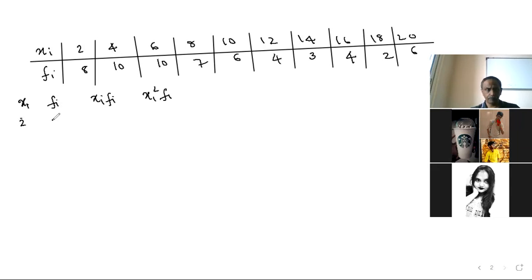First is 2 with frequency 8, 4 with frequency 10, 6 with 10, 8 with 7, 10 with 6, 12 with 4, 14 with 3, 16 with 4, 18 with 2, and 20 with 6.